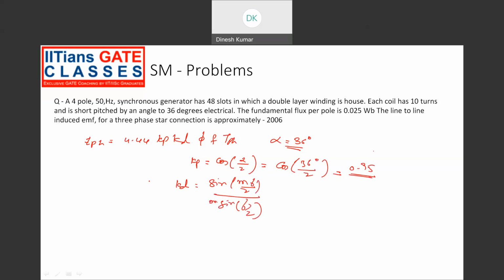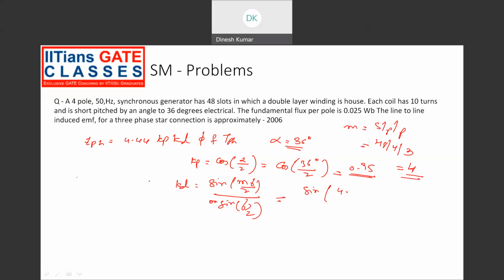gamma by 2. So m equals slots per pole per phase. We have 48 slots, 4 poles, 3 phases, so that is 4.